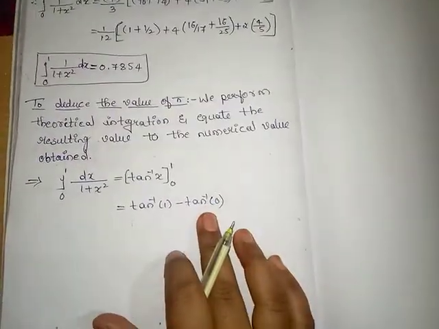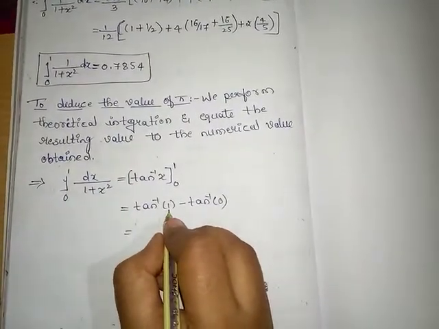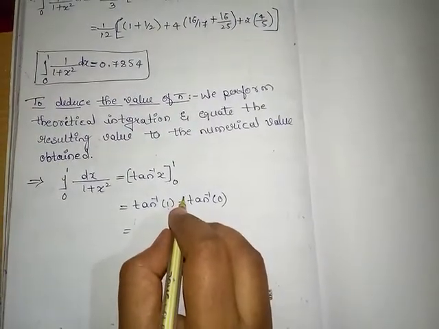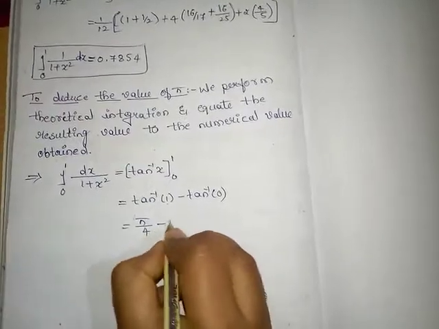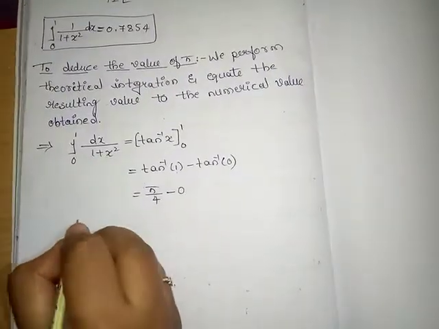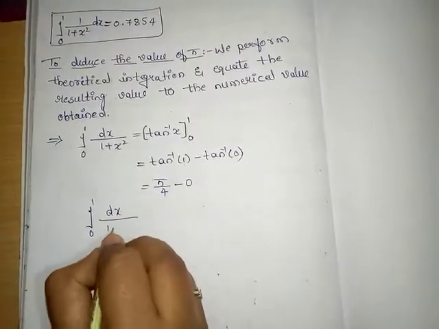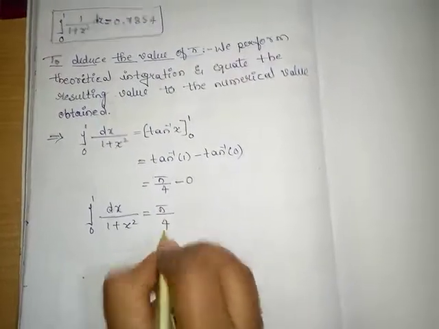Tan inverse of 0 is 0. Tan inverse of 1 is pi by 4, since tan 45 degrees is 1. Therefore it is pi by 4 minus 0, so the integral from 0 to 1 of dx divided by 1 plus x square is equal to pi by 4.